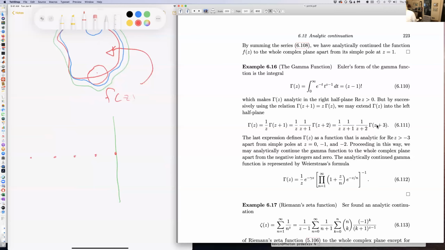And so the gamma function then is analytic. So we say gamma of z is analytic except at z equals 0, -1, -2, and so on. So that's an example of analytic continuation. It's probably the nicest example. It's the nicest one I know of, certainly. And it's a standard example.